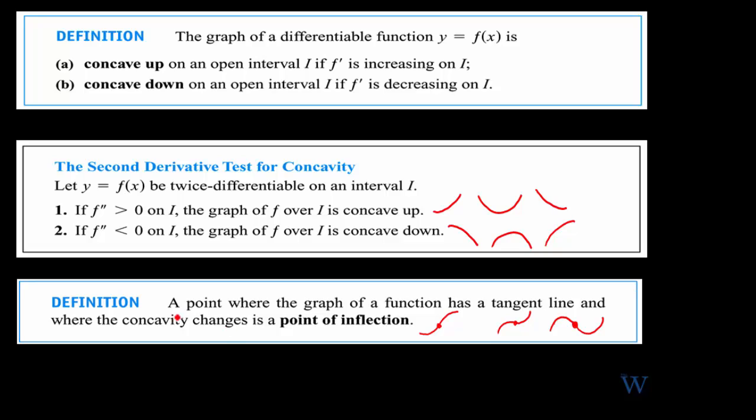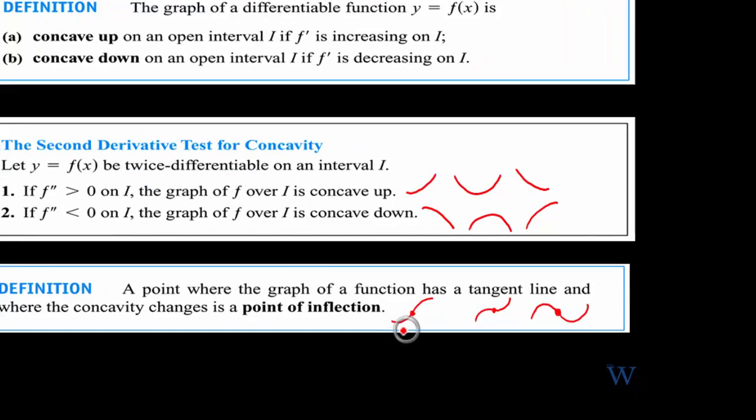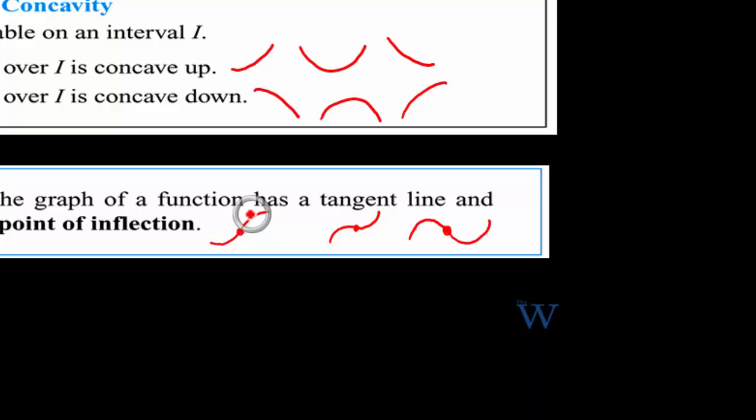So whenever you have a change of concavity, a point where the graph of a function has a tangent line and where the concavity changes, it is called a point of inflection. Here are just a few of what it may look like. You have a line tangent to the curve that way, and you see that it's concave up on this side and concave down on the other side.